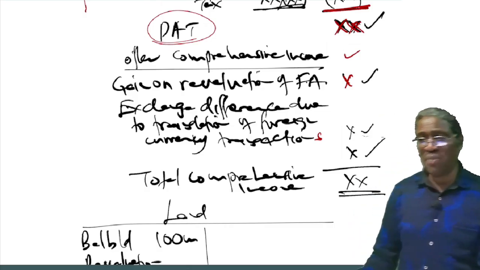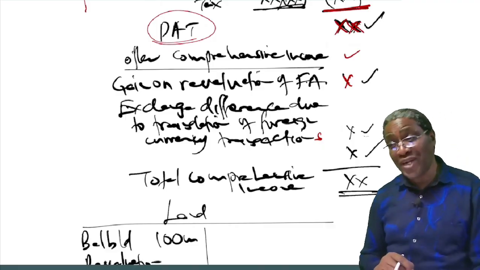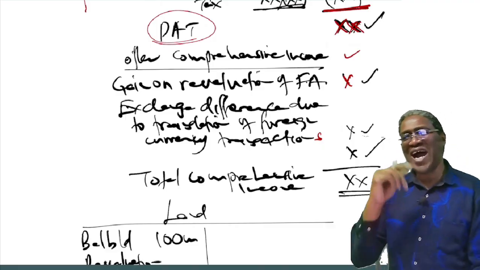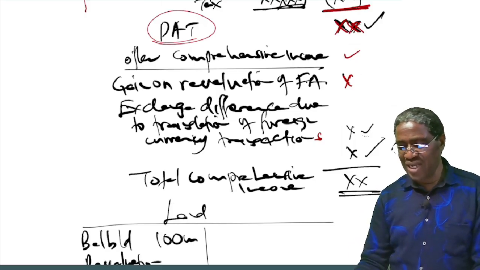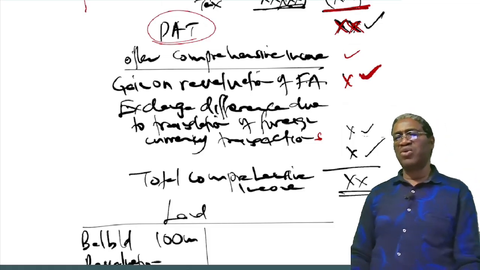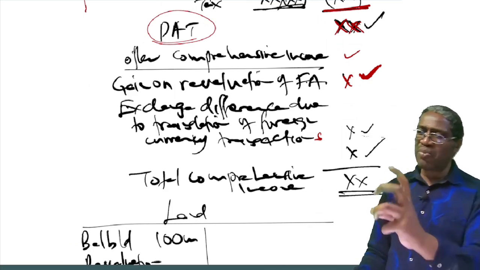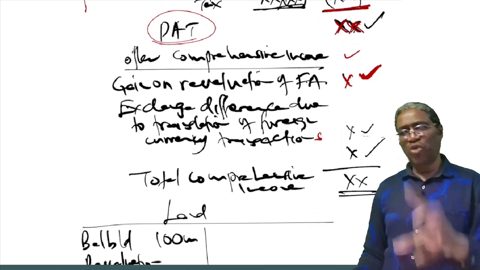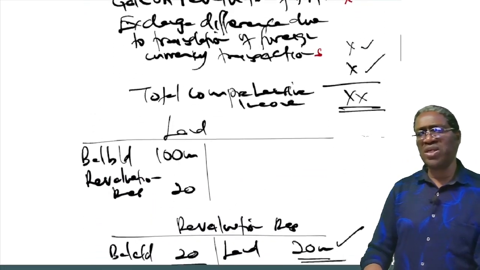One of the examples we gave as a component that can be classified under other comprehensive income is what we were giving as a gain on revaluation of fixed assets. Gain on revaluation of fixed assets, that is an example of other comprehensive income. Of course, we discussed it in details. I can even see down here where we were discussing in details.